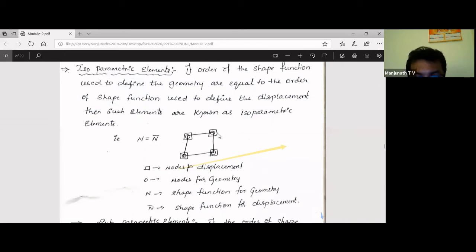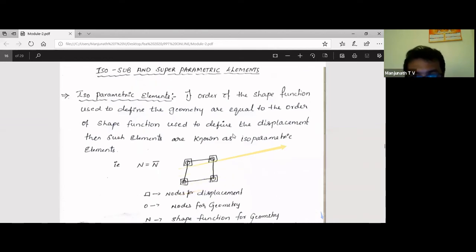Two nodes means it has a geometry. At node number one the coordinate values will be some values, and at node number two some other values. Defining the coordinate values at node one and node two for the corresponding distances gives the geometry of that particular element.